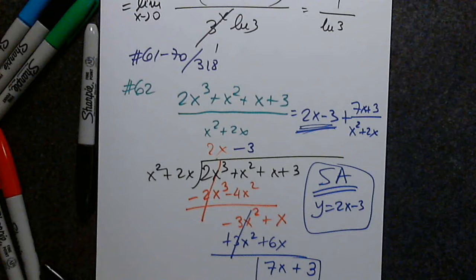Anything else? Are we okay with Newton's method? Are we okay with graphing? Yes, let's do a graphing problem. So we know what happens when a factor goes away.